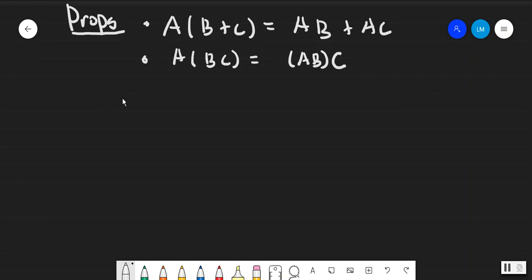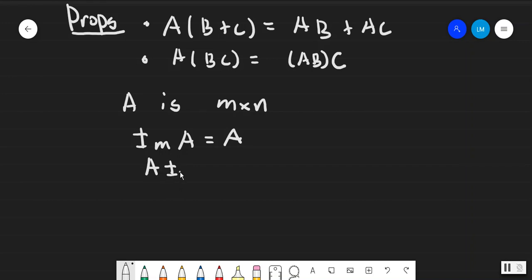So for example, if I have that A is m by n, well, if I multiply the left side of A by I sub m, basically that's going to give me the matrix A. But if I multiply A by I sub n, that's going to be equal to A.